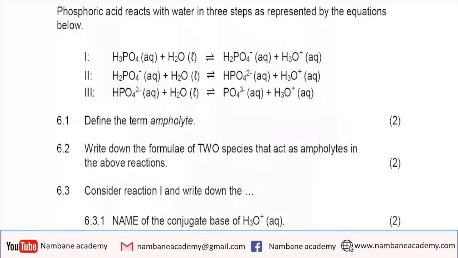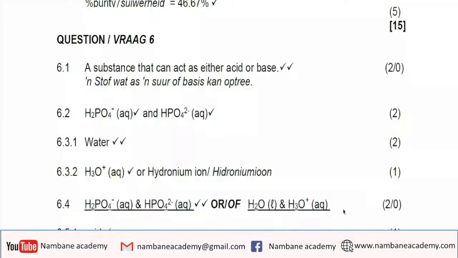There is the step 1 reaction, step 2 reaction, and step 3 reaction as shown. 6.1 asks for a definition of the word ampholyte for 2 marks. In the memo it says it is a substance that can act as either an acid or a base, for 2 marks.